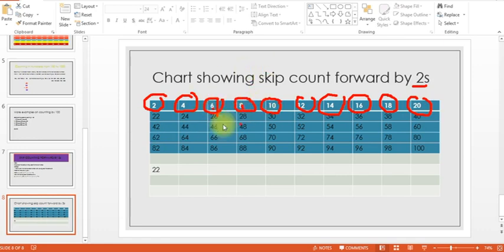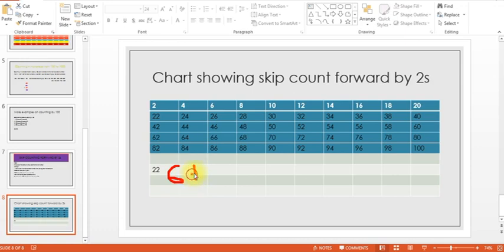We are skip counting forward by what? We are skip counting forward by 2. So let me show you how it is done. So this is 6 plus 2. 6 plus 2, 6, 7, 8. Okay, that's 8. So let me use objects to show you how it is done.